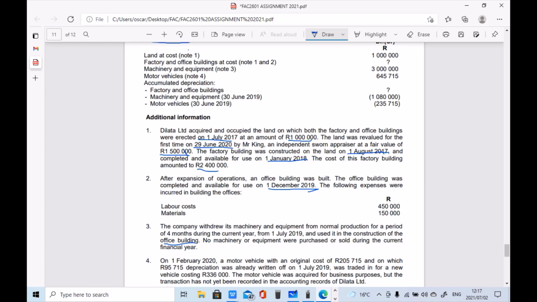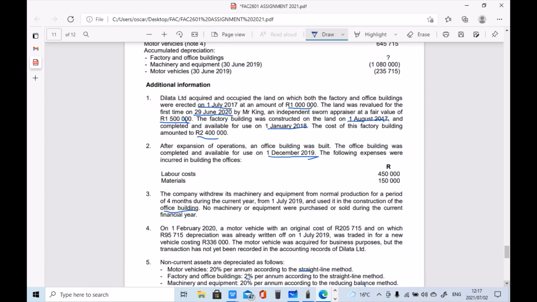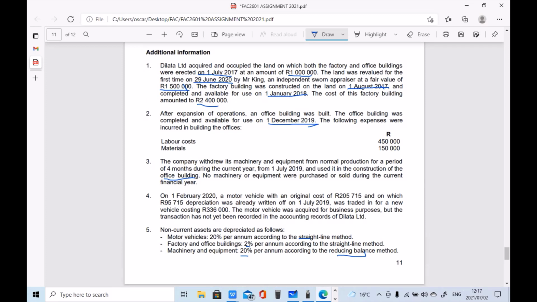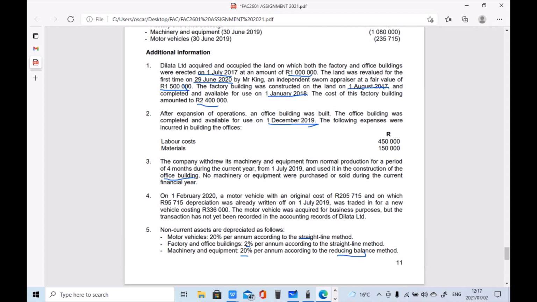No machinery and equipment were purchased or sold during the year, but depreciation is capitalized. So for us to deal with this issue, we need to first look at what happened to machinery. Fortunately, they've told us that no machinery was purchased or sold during the current year, which means we just have to talk about the depreciation capitalized.